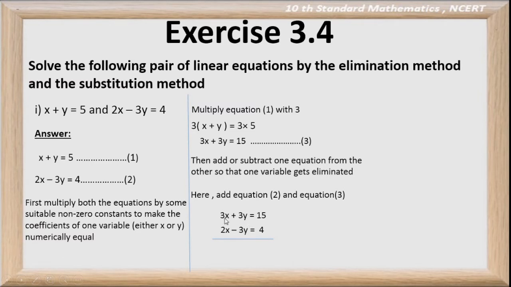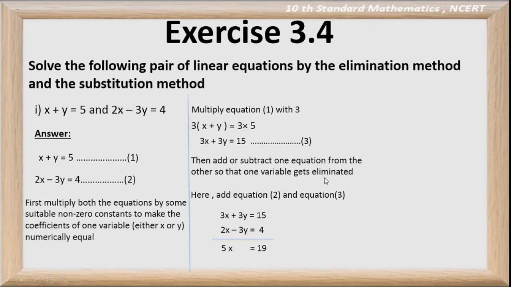How are we adding? Like normal numbers. See here 3x and 2x. That is the same variable, so we add: 3 plus 2 is 5, so 5x. See here 3y and 3y. One is plus and one is negative, so it gets cancelled.